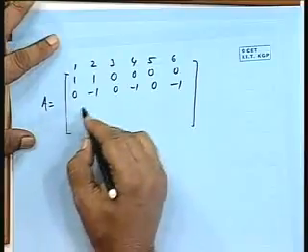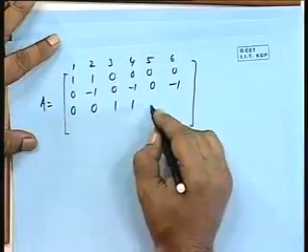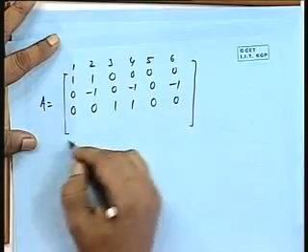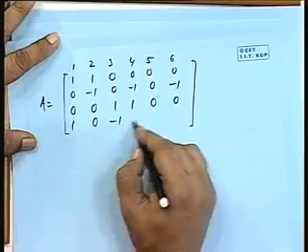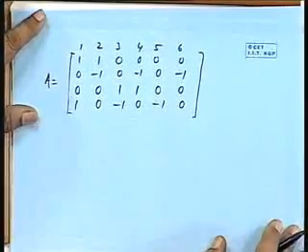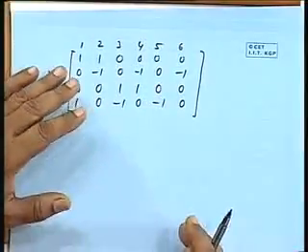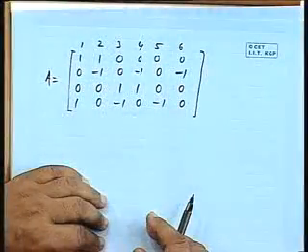Then you have 0, 0, 1, 1, 0, 0, and then 1, 0, minus 1, 0, minus 1, 0. This is the matrix A. All of you can reconstruct the graph from the given matrix A. I told you just now how to make it.